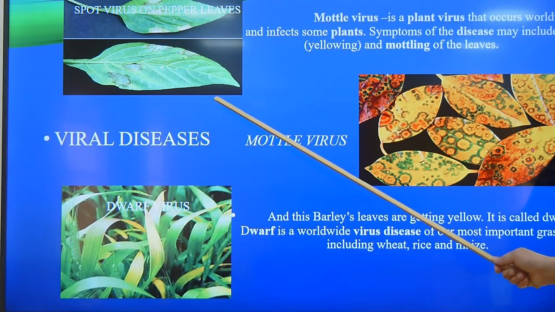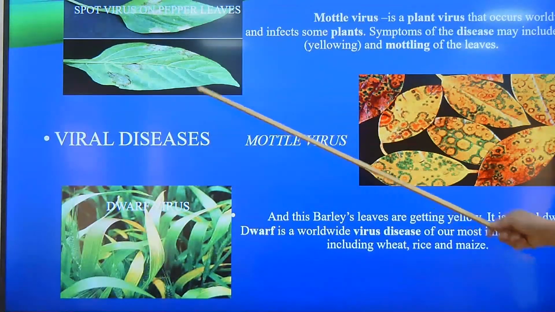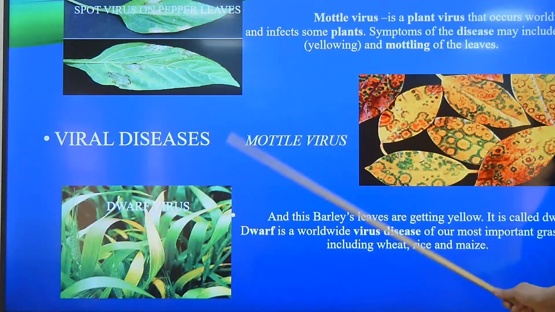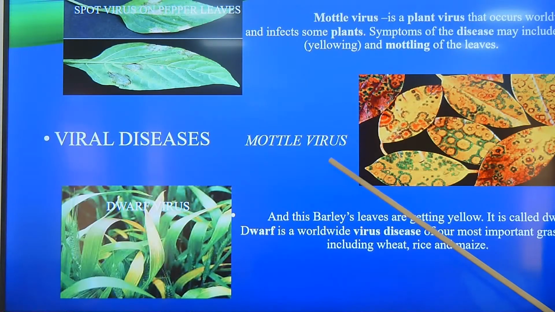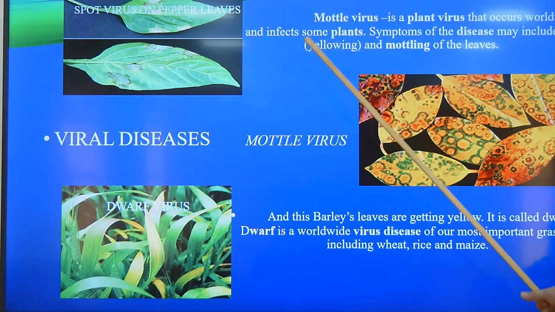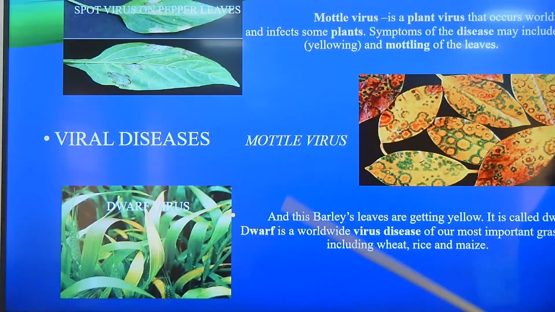Viral diseases are divided into three types: spot viral diseases, dwarf viral diseases, and mottle viral diseases. Mottle viral disease is a plant virus that occurs worldwide and infects some plants. Symptoms of the disease may include yellowing and mottling of the leaves.